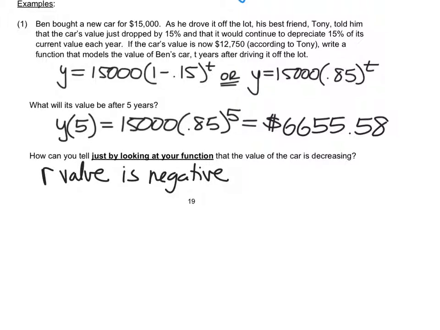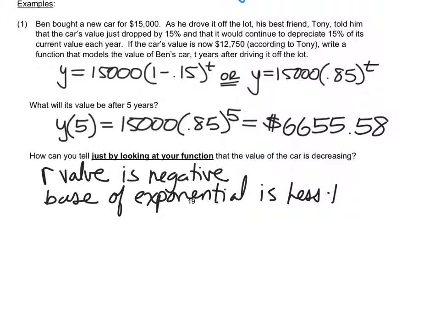But more importantly, the base of the exponential is less than 1. All right. Before we started talking about word problems, when we were graphing, we came up with the idea that if the base of an exponential is more than 1, it's growth. If it's less than 1, it's some kind of decay.